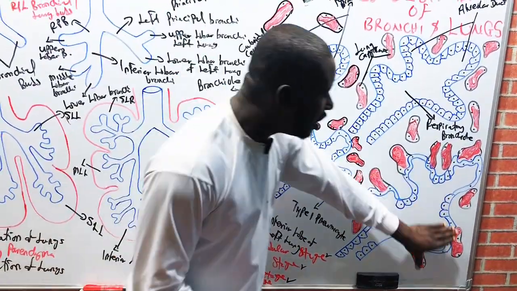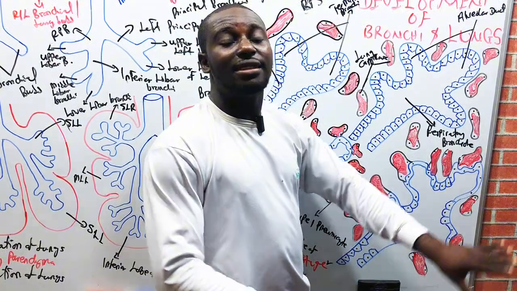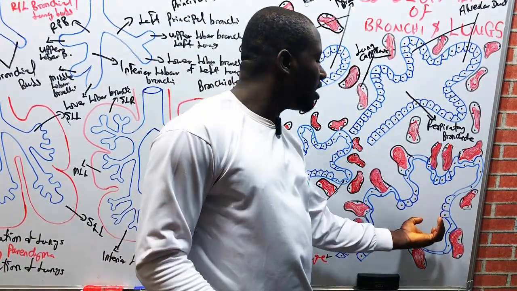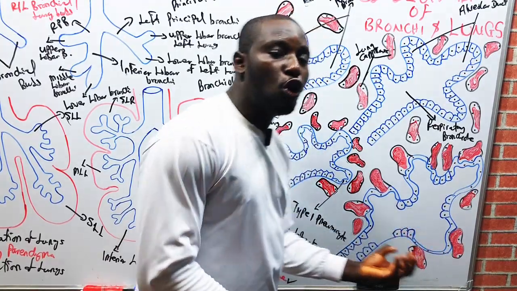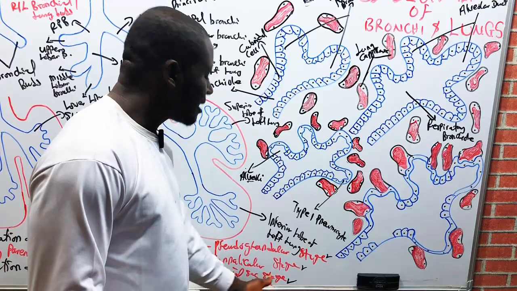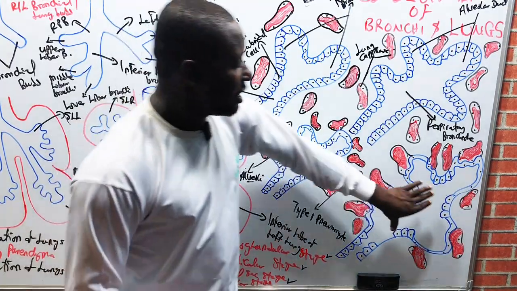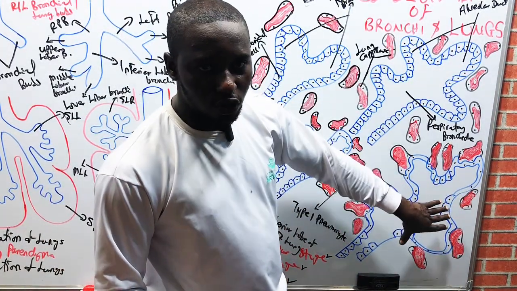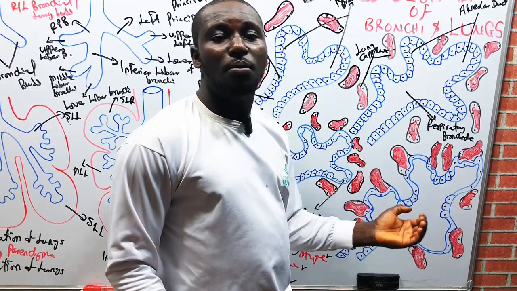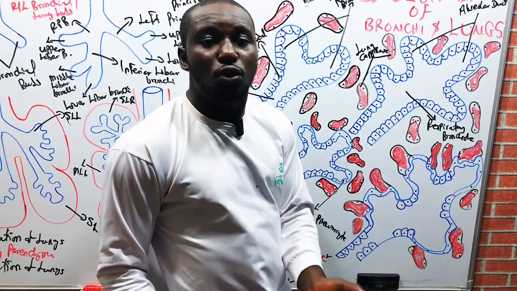This alveolar stage is the last stage of lung formation, right? So it is in this stage that we have mature alveoli. Although there's an alveoli here on the terminal sac stage, right? But here is where it gets matured. And this maturity begins from 8 months after birth to 8 years.